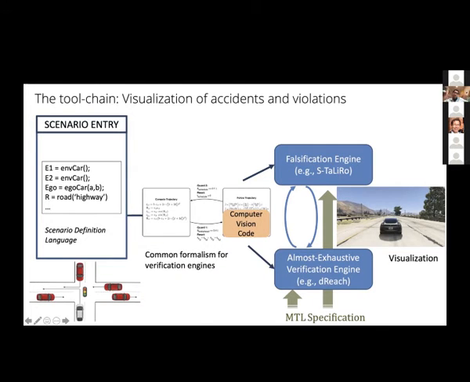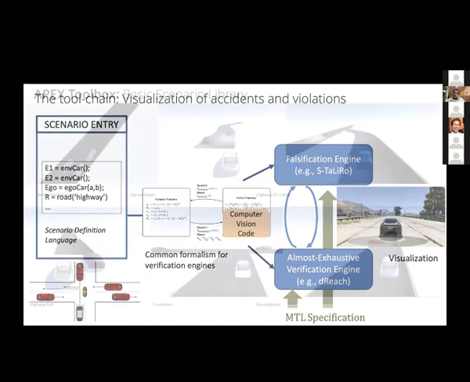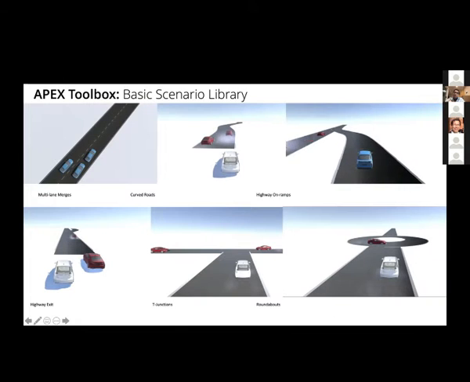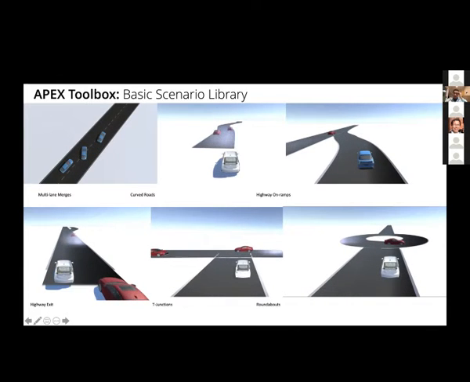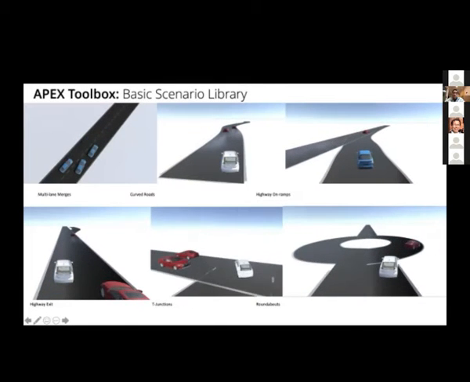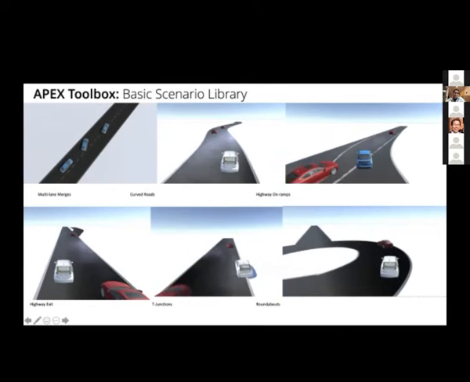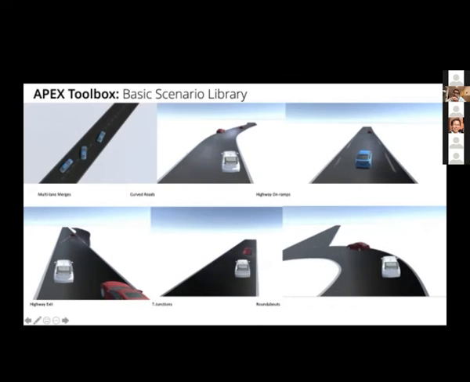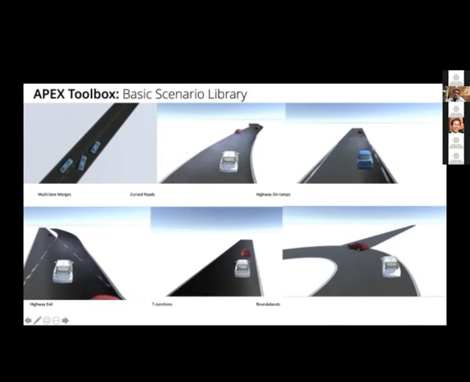So the falsification was essentially removing a very large part of the search space and then giving the exhaustive verification very small, narrow ranges to look at. And the way we did this was we captured this for multiple driving scenarios, for curved roads, for roundabouts, and so on. And we wanted to isolate what is the source of these problems.